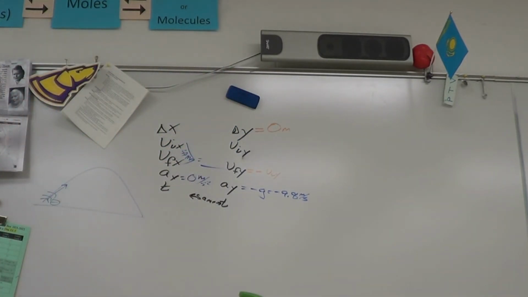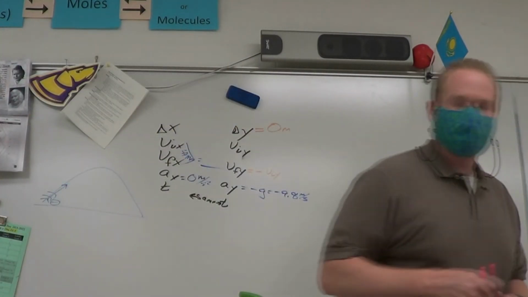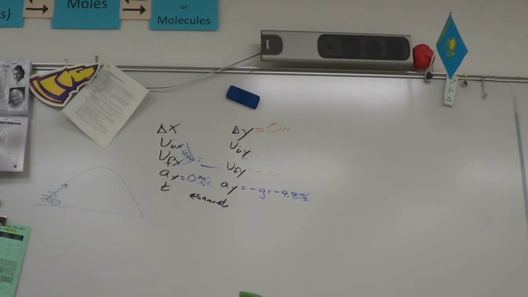Now, looking at the information in the problem, an arrow shot at some angle is important, such that the velocity in the x direction is 18. I'll switch colors just to help. And it says it's 23 meters per second in the y.